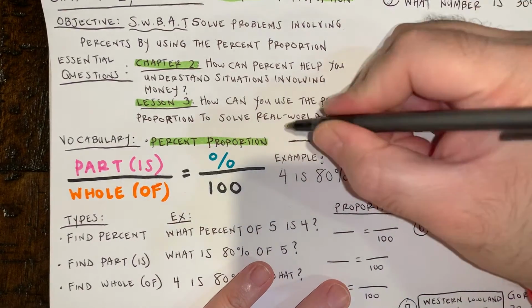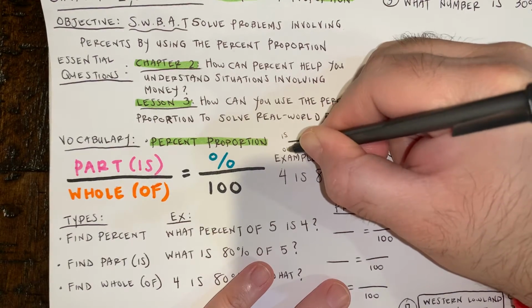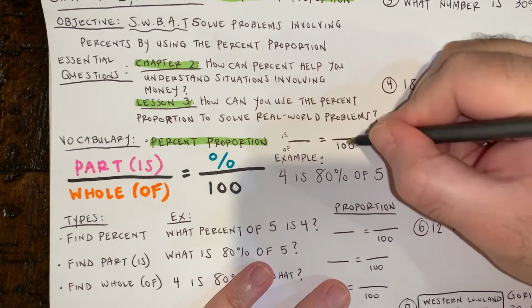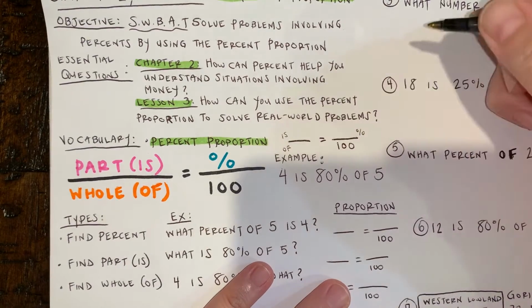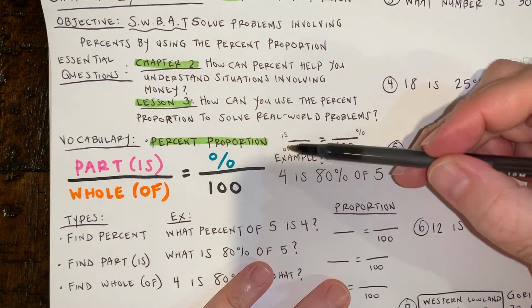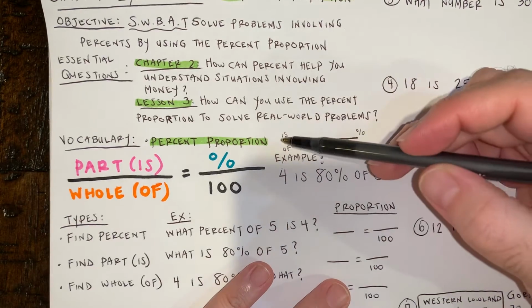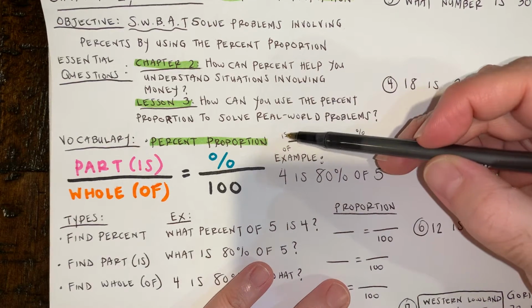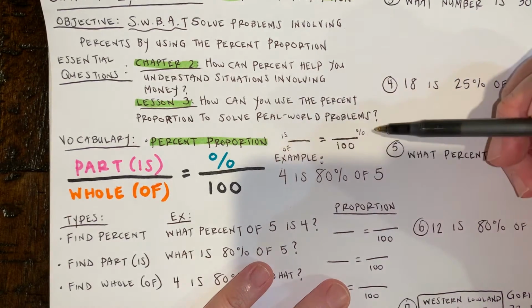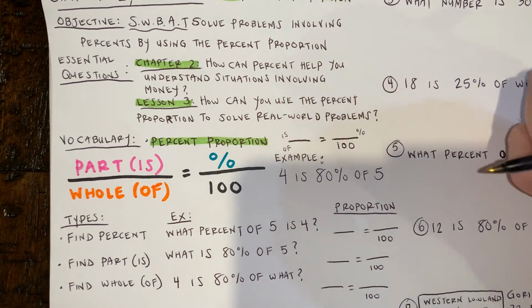So basically what you have is is over of. It's going to be equal to your percent over 100. So the reason why these things are important is because is, of, and percent are going to be common in all these problems. So once you identify what number is your is, what number is your of, what number is your percent, you can fill in the spots and it'll make sense once we start doing it.